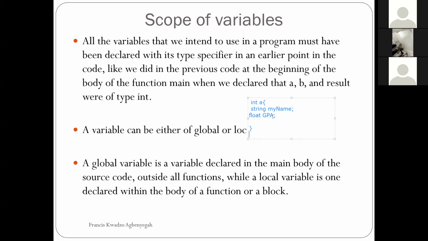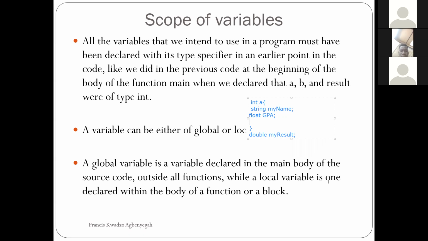For example, if I say double my result, my result here is declared as a global variable, and you can access it anywhere. I can come here and access it, I can even come to the top and access it. One thing you must note is that global variables are accessed anywhere within your code, but before you use them, you must declare them.